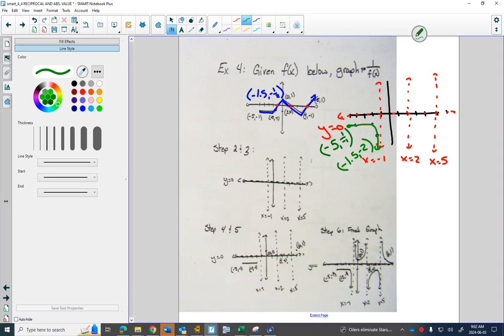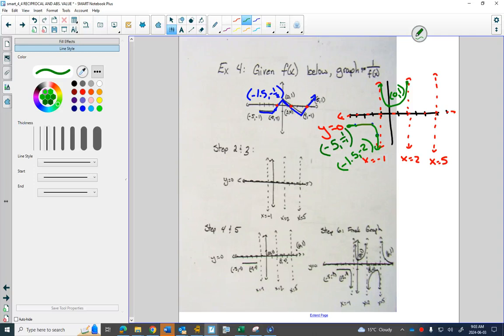In the middle section, we have 0, 1. That's going to stay 0, 1 over 1. And this section will go up. And one of the things that we had in our notes before is that in a section, if you have a maximum in that section, which we do at 0, 1, that becomes the minimum of your reciprocal graph.